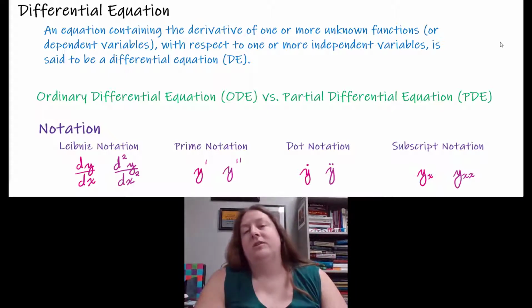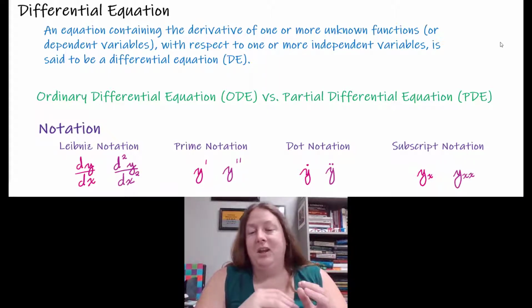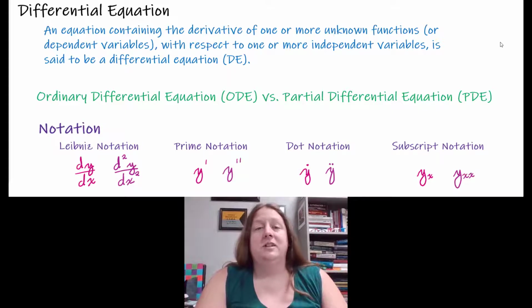So to start out, we need a little bit of notation. Depending on your experience with calculus and where you've used calculus before, you may have seen any of these four notations. The two most common in the math realm are Leibniz notation and prime notation.